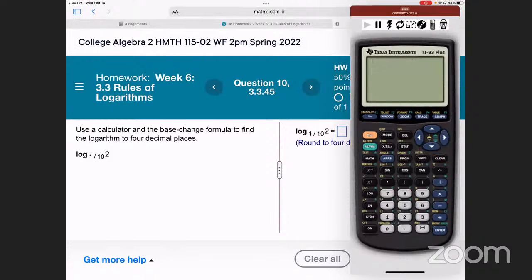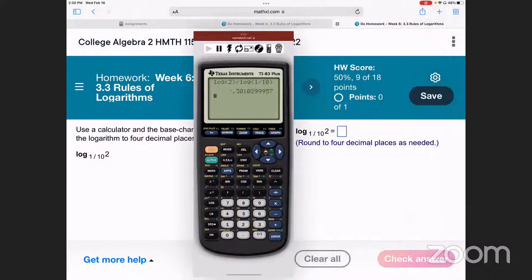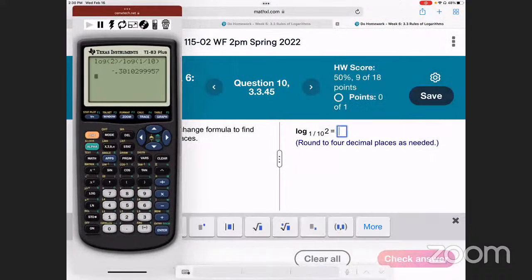So then change of base gives the log of 2 divided by the log of 1 over 10. To four decimal places, negative 0.3010.